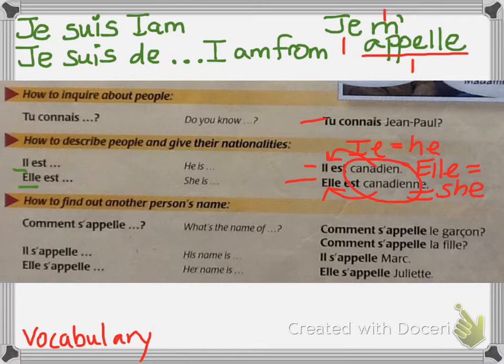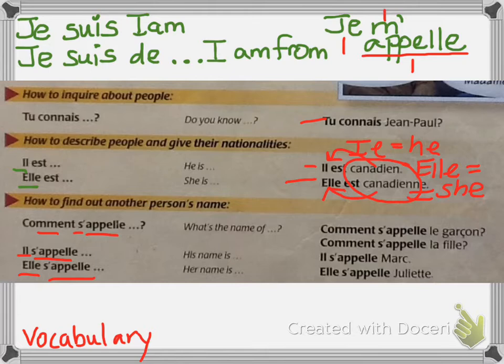So what we're going to see here is we still see that verb for to call. So this one is really asking, how do you call yourself? Or what do they call themselves? And then he calls himself and she calls herself. So this is Comment s'appelle, and then il s'appelle and elle s'appelle.